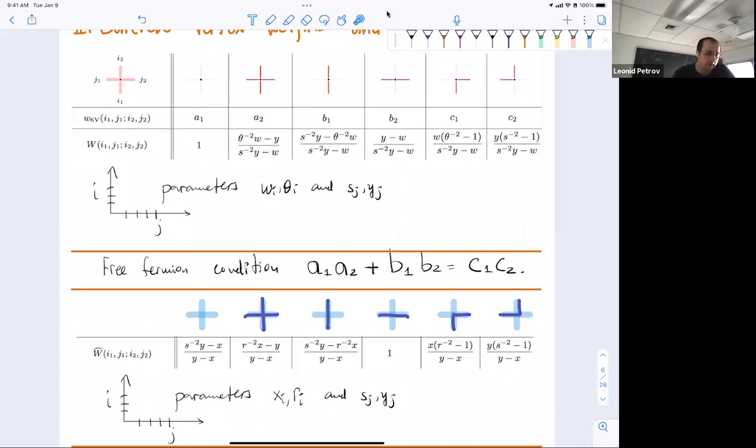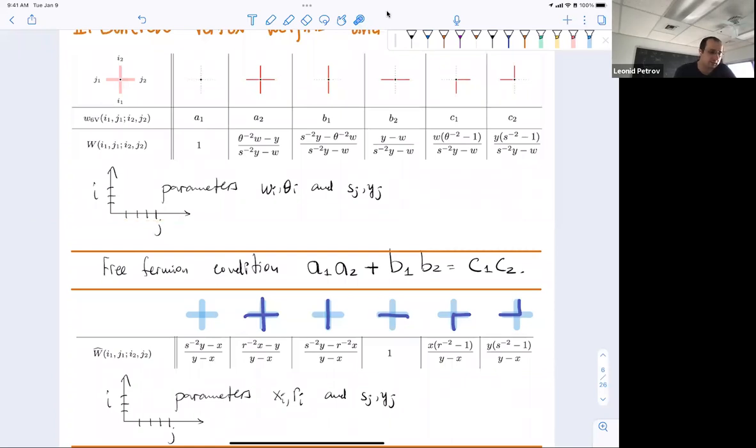The 4 parameters are W and theta, or W and theta minus 2W, which vary in the vertical direction. I mean, they depend on the vertical coordinate, and also they're indexed by parameters y and s minus 2y, and these guys depend on the horizontal coordinate j.